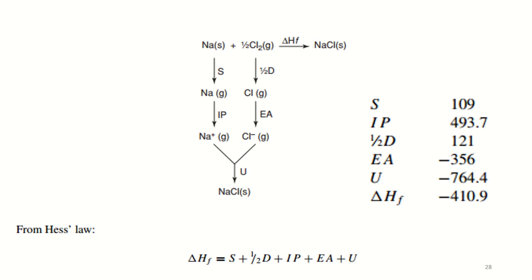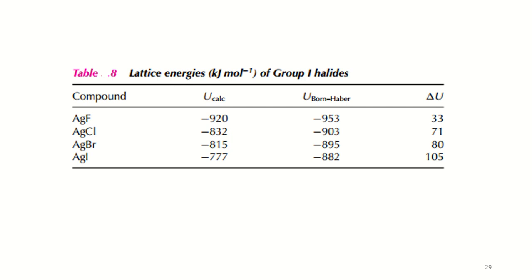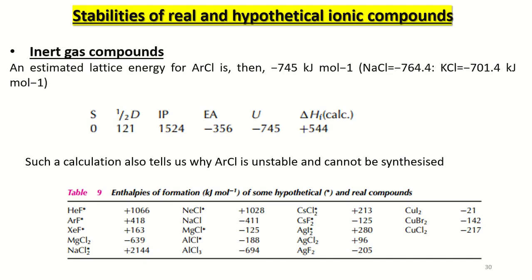If we talk about it from Hess's law, we can get the delta heat of formation equal to sublimation plus ionization plus 1/2 D, which is the dissociation energy, plus electron affinity plus lattice energy. The Born-Haber cycle and the equation have various uses.